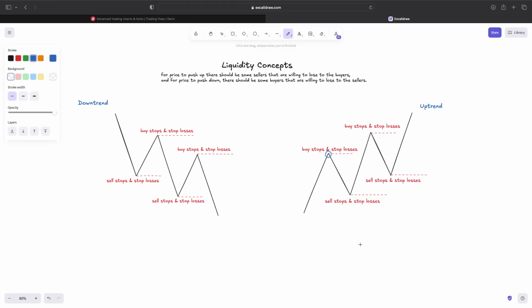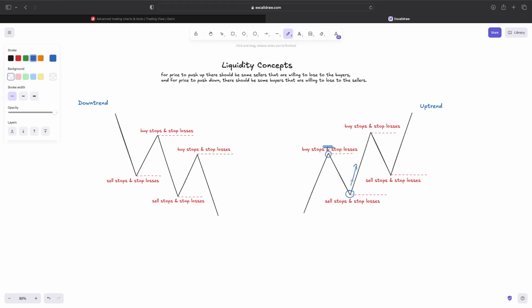But eventually, in an uptrend, we already know that the buyers are in control. So whenever the buyers will be buying, they'll be buying from around this area here in order to push price to the upside. The main reason they will be pushing price to the upside is simply because they want to grab whatever liquidity is resting above the high.